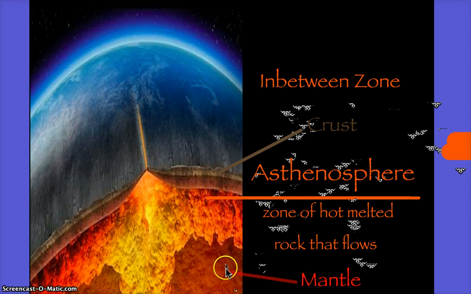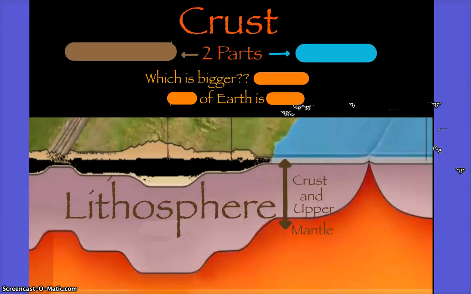So the zone of hot melted rock that flows, or where magma flows like a river, is the asthenosphere. So look at this picture. You've got the mantle. If I go further in is the core. Here's my crust, and then you've got this flowing melted rock or flowing magma, which is the asthenosphere, okay? For years, the class was atmosphere, hydrosphere, lithosphere.